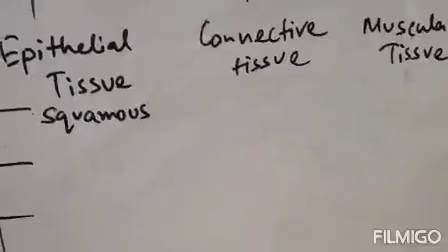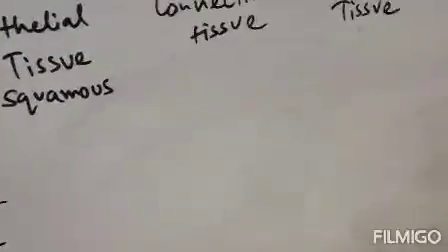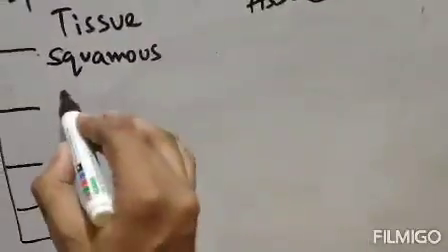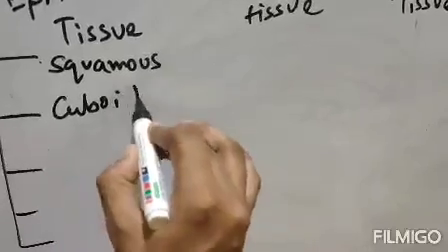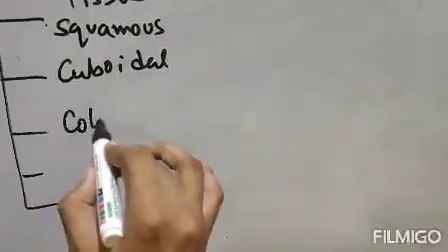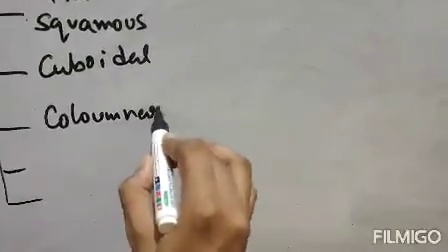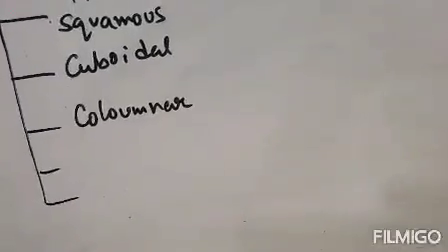Second is cuboidal tissue. Third is columnar. Fourth is ciliated columnar.